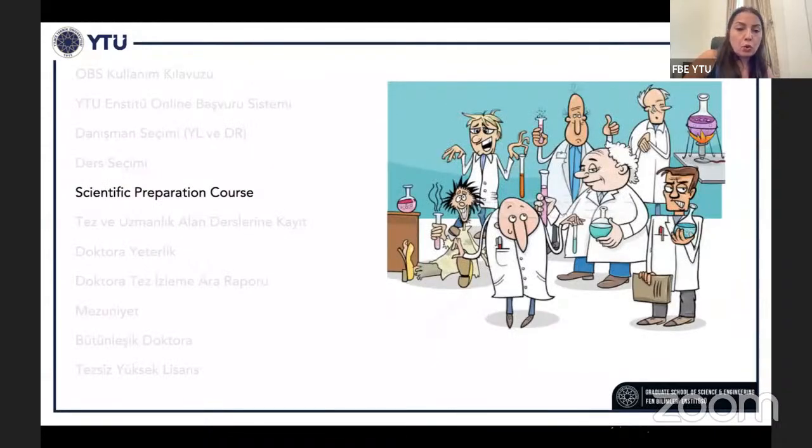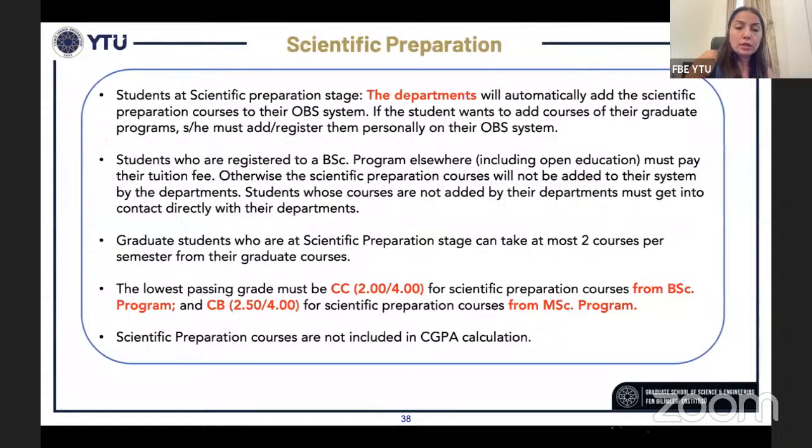Scientific preparation course. Students at the scientific preparation stage. So if you are considered as non-field programs, which means that your previous studies do not match well with the registered department, based on the departmental information and professors, you go directly to the scientific preparation class.